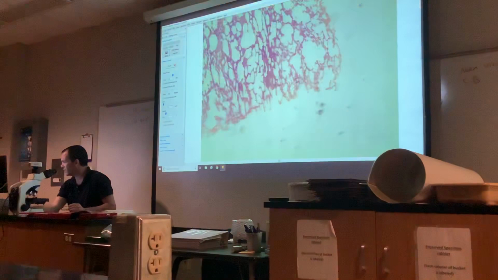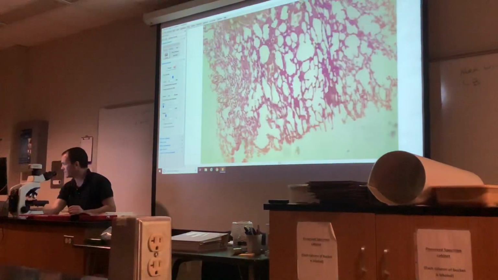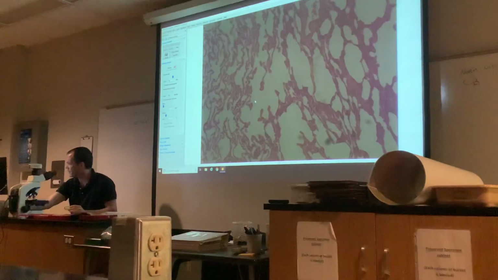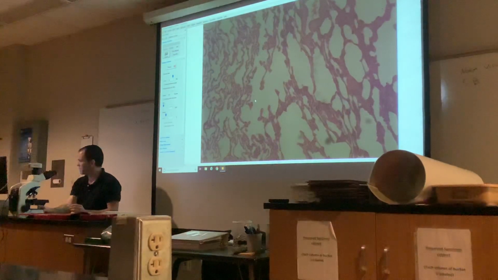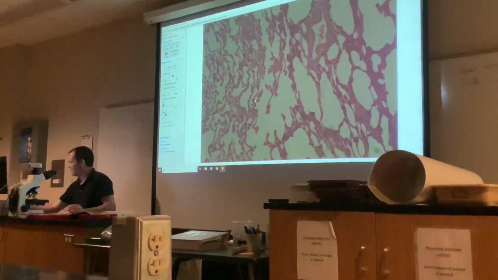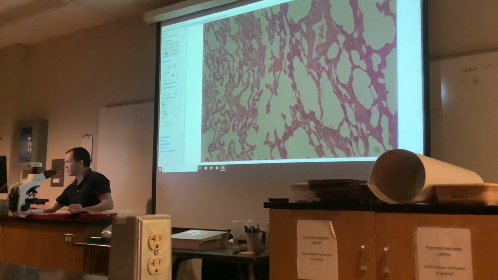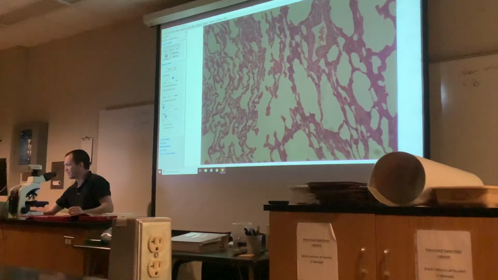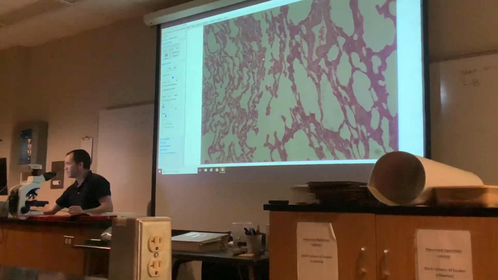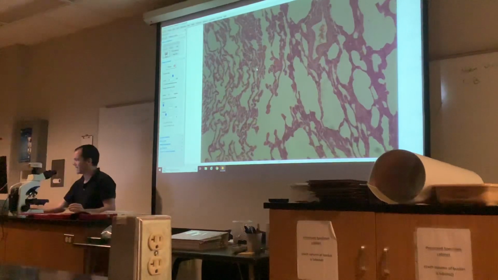But if I go to any one of these regions and zoom into this, like so, this is a pretty classic, typical look at the alveoli. So these are alveoli. These are the sacs that you breathe into to exchange gases.